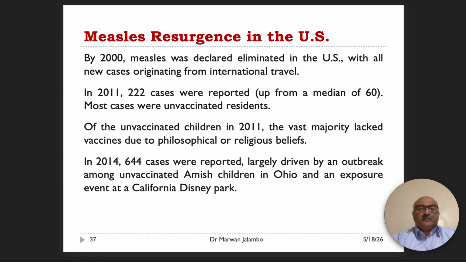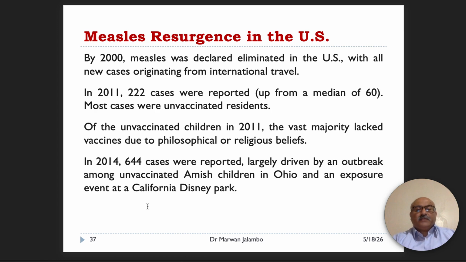In 2011, 222 cases were reported, and 86% of the American residents affected were unvaccinated or had unknown status. The majority of those who were unvaccinated missed their shots because of philosophical or religious belief.